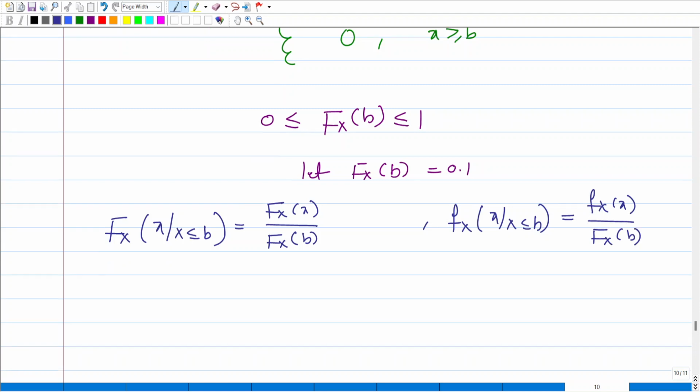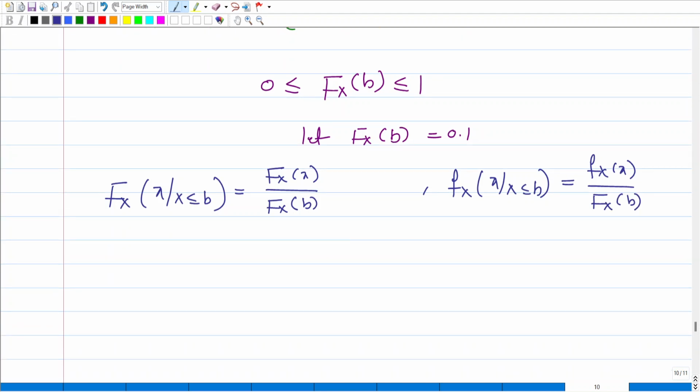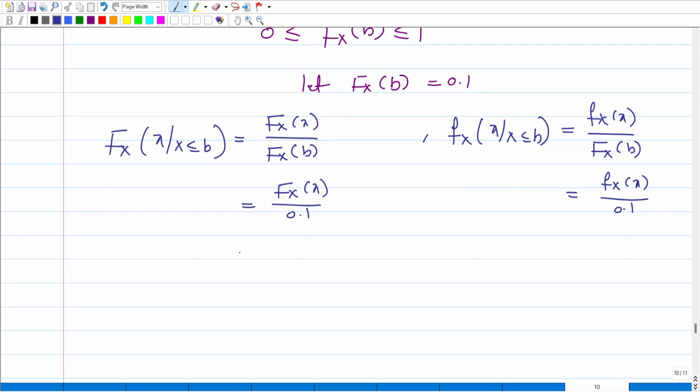Now let us take Fx of b equal to 0.1 and substitute it here: Fx of x by 0.1, and here small fx of x by 0.1. This 0.1 goes to the numerator and it becomes 10 times the CDF of x, and here also 10 times the PDF of x.